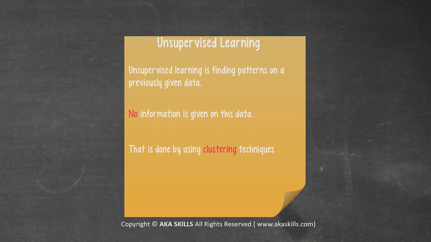Previously in supervised learning, we were always given the y's, and we train our model to predict the y's for new given data. But this time, we don't have any previous knowledge about our data. So the solution for that is using what's called clustering. So now we're going to learn about clustering and clustering techniques.